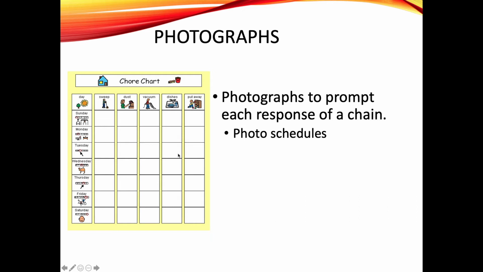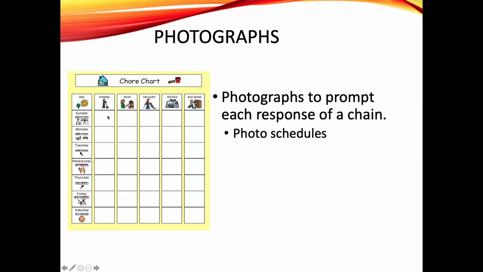Now, interestingly enough, and the text sort of gets into this in terms of teaching individuals how to follow a picture schedule, we may have to use physical guidance to walk them over to the picture schedule, acknowledge or at least sort of direct themselves to the first step in the photo schedule, and then maybe even model doing it or physically guide them to do it.